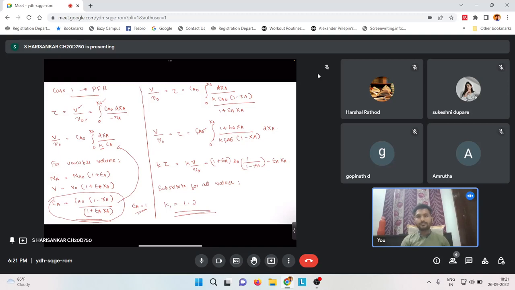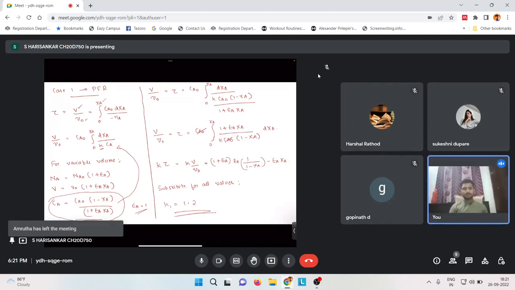We will substitute this CA back into the design equation, and now we have to integrate this equation. So V by nu 0 is equal to CA0 into the integral from 0 to XA of dXA by K CA0 into (1 minus XA) by (1 plus epsilon A XA), which is 1 plus XA, and we can cancel out the CA0 and CA0.